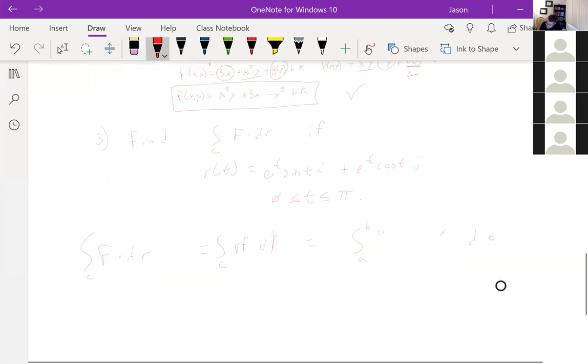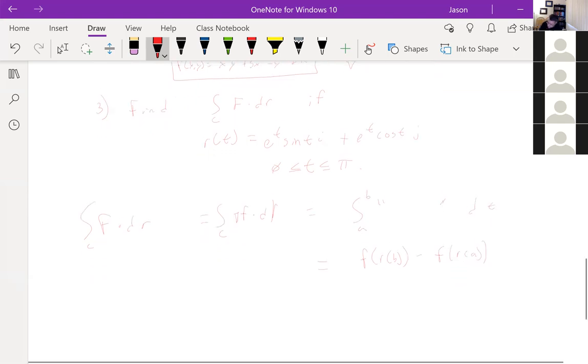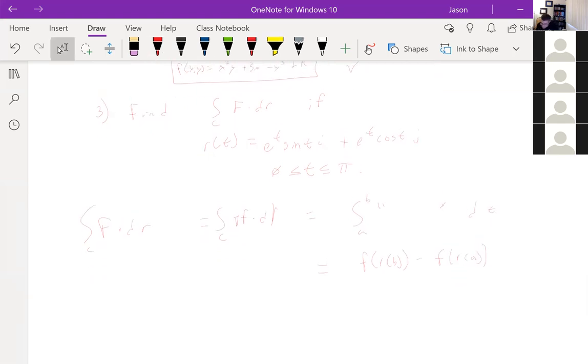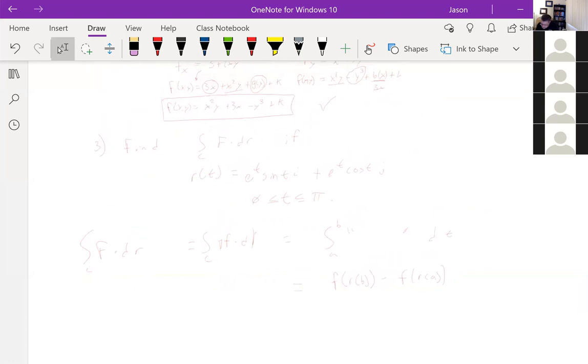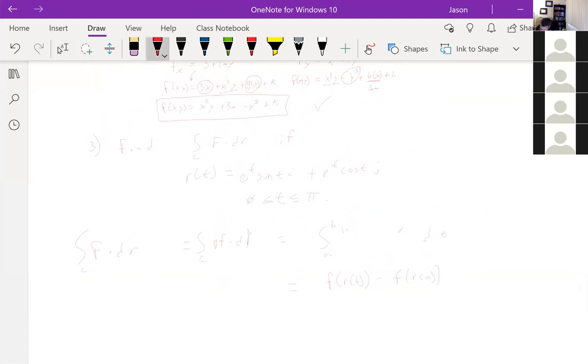And then what is that going to give us? That's going to give us f of r of b minus f of r of a. Okay. And so what does this tell me to do? It tells me that, okay, this is going to be f of r of b.